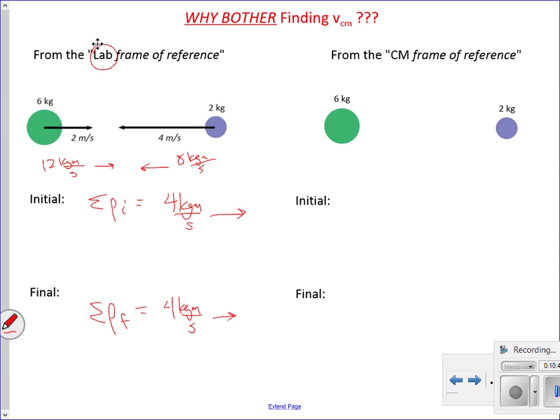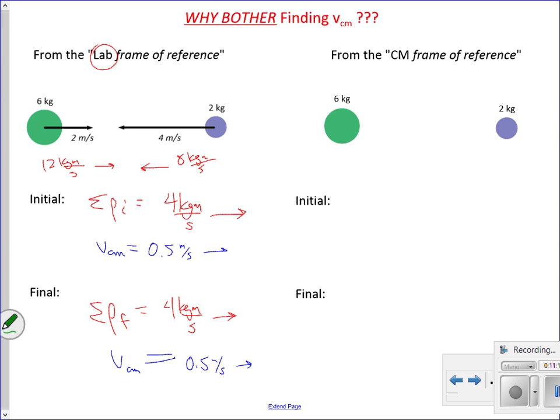The system, regardless of what happens during or after this interaction, has to have the same total amount of momentum. We also calculated a minute ago that the VCM is 0.5 meters per second this way. I don't care when, it equals 0.5 meters per second that way. Still the same.